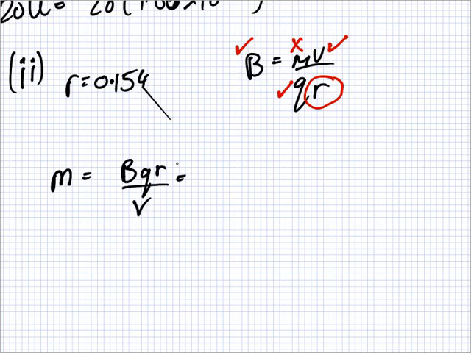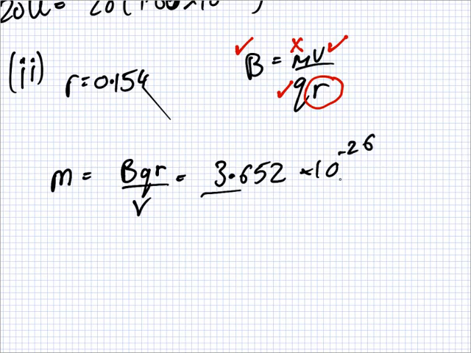What's the B? 0.814. What's the Q? Charge of a proton. What's the R? 0.154. And the velocity is 5.5 times 10 to the 5. So the mass is now 3.652 times 10 to the minus 26.